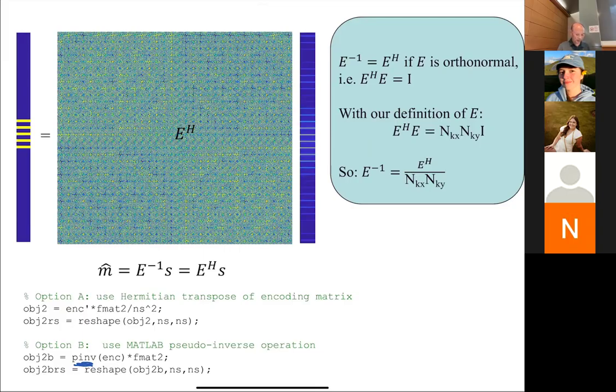So you're safe with doing the pseudo inverse. In this case, we could also take the Hermitian transpose. Because of how we define our encoding matrix, we do need to normalize it a little bit. But the understanding is the same: to first order, up to scaling factors, the inverse is equal to the Hermitian transpose.